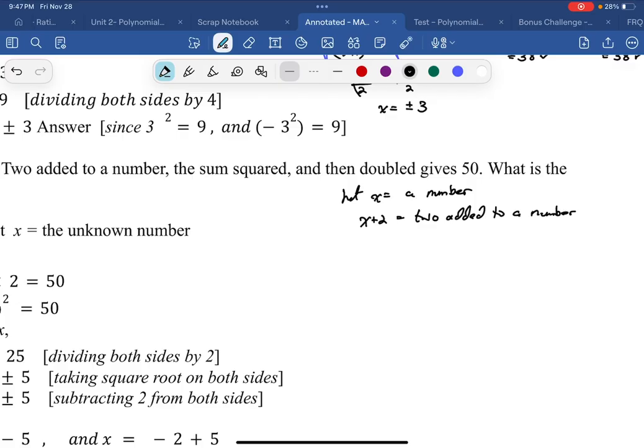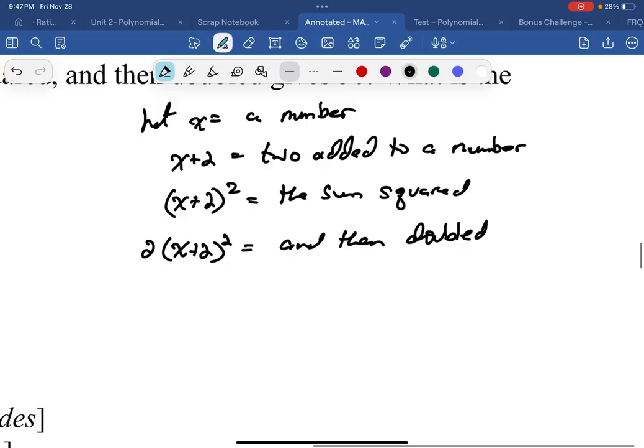The sum squared, so take that result and square it. And then doubled, so 2 times that result. Gives 50. So 2 parentheses x plus 2 squared is equal to 50.